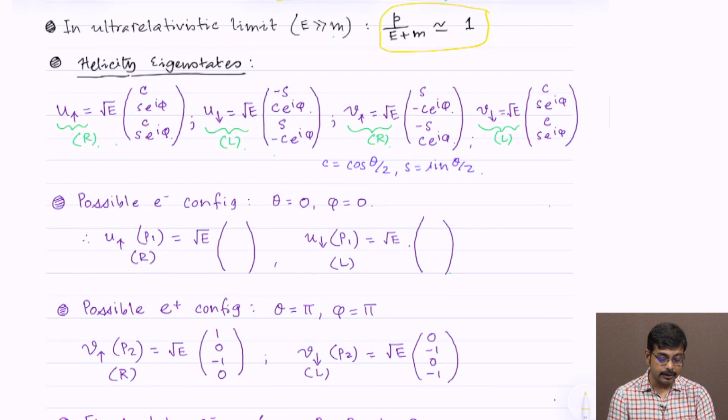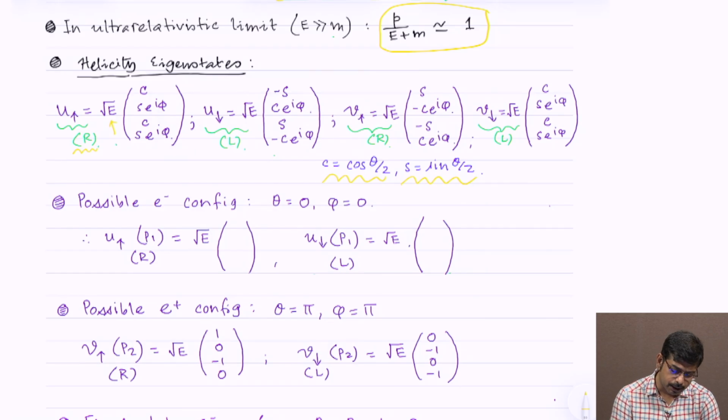So, we had the definition of u up, which is equivalent to saying this is my u R, or right chiral particle, right helicity particle. The normalization factor is square root of E plus m, which is usually the case, but once again we have neglected the mass. Within the parenthesis, c represents cos theta by 2 and s represents sin theta by 2.